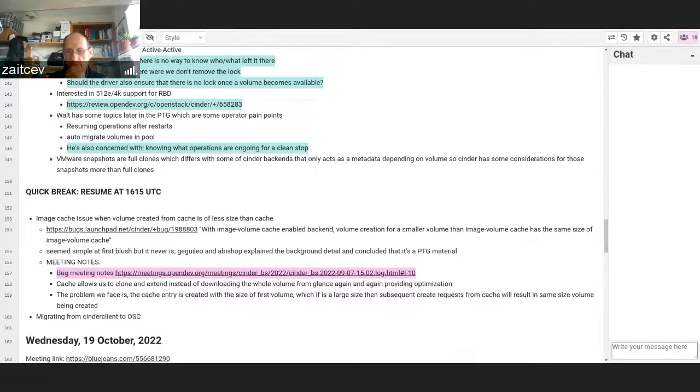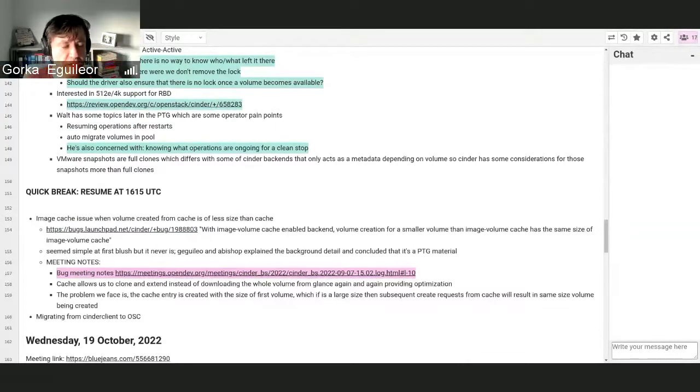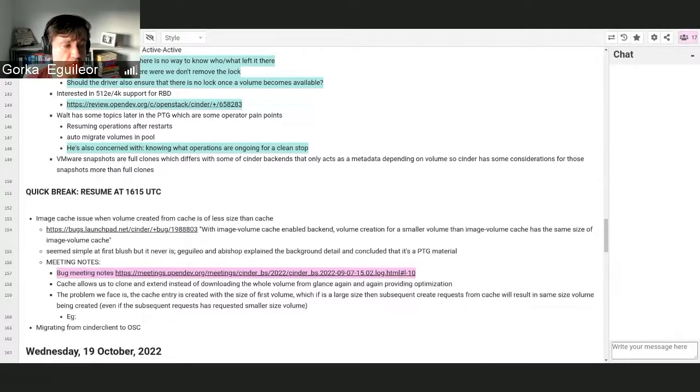I believe all our backends support volume extension if it's an offline volume. Online extension is different, but offline, just a volume that is sitting there and nobody's using it, I believe all the backends support extending it. I could be wrong, but I think that is the case.